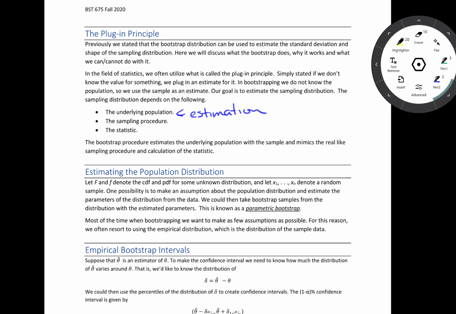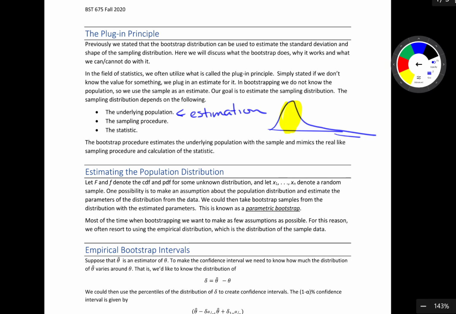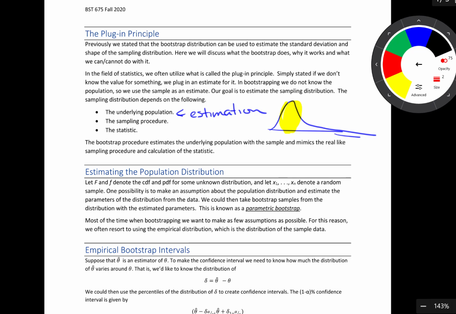You might not get any of the observations from the tail, depending on how large your sample is and how heavy the skew is. So you might be missing part of the population. If we think of a picture here, with a heavily skewed distribution, what may happen is you may just be pulling your sample from this piece, and if you do that, that would give the false impression that your population looks like this.